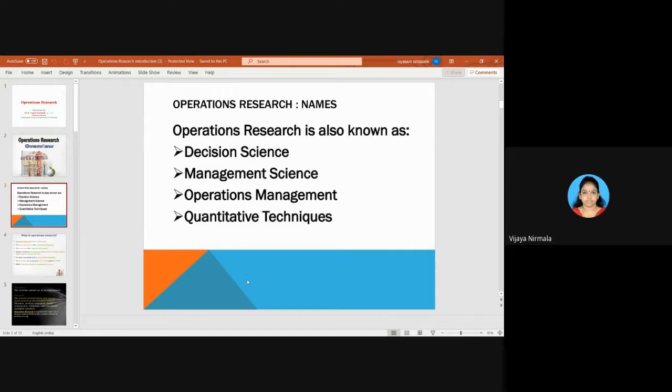It is also called decision science, management science, operations management, and quantitative techniques. Whatever name you call it, everything is related to operations research only.